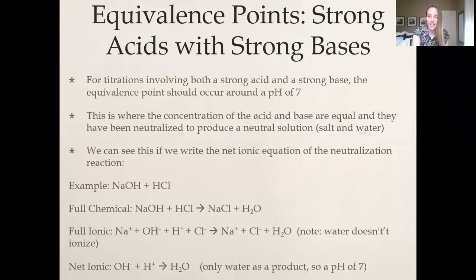So if that's the case, then that's just like our normal net ionic equation that we would have. So obviously you have your acid reacting with your base in a normal neutralization reaction, making the salt and the water. If you were to show how that dissociates, both the acid and the base ionize or dissociate, break apart into ions when they're in solution.